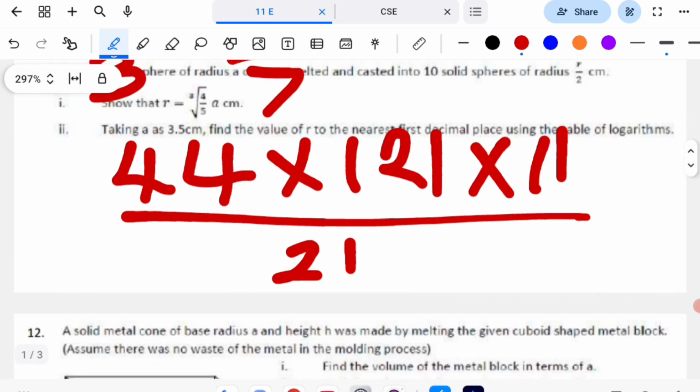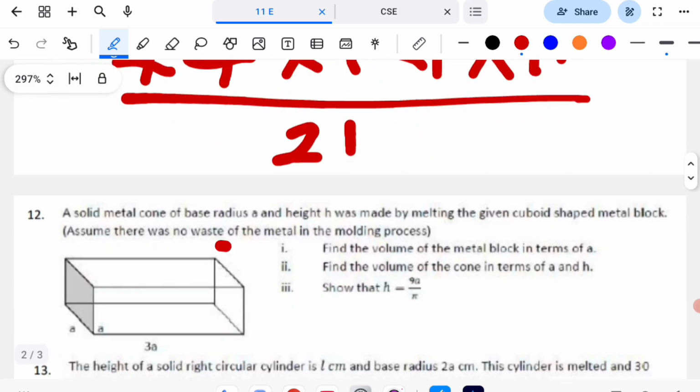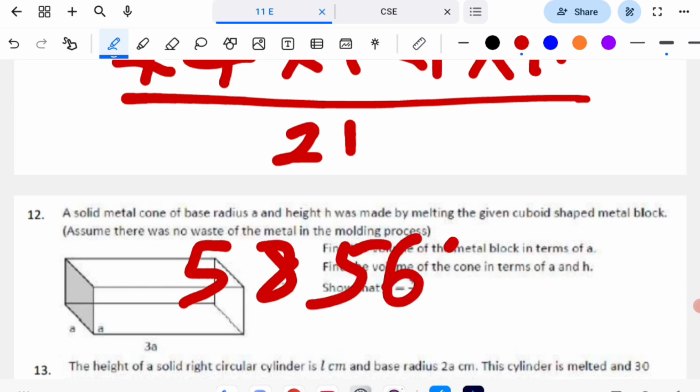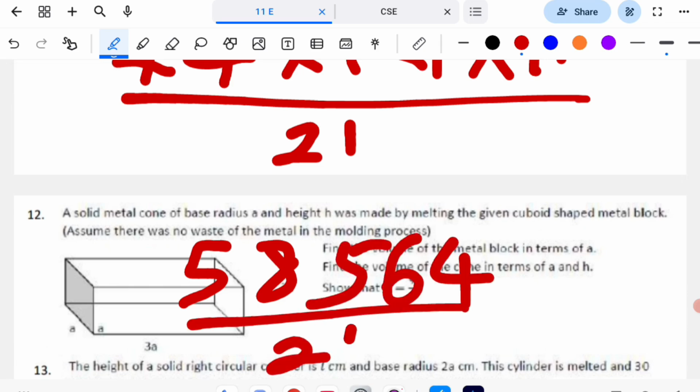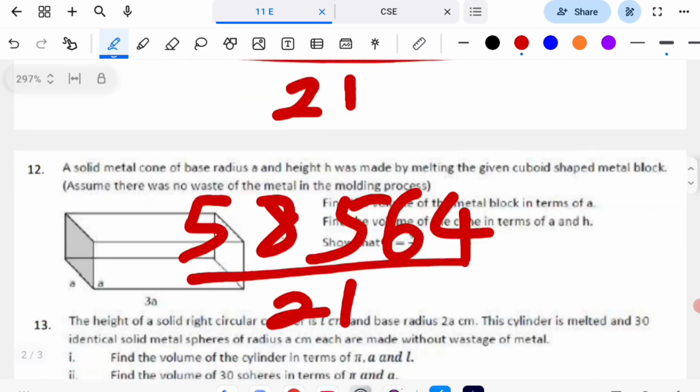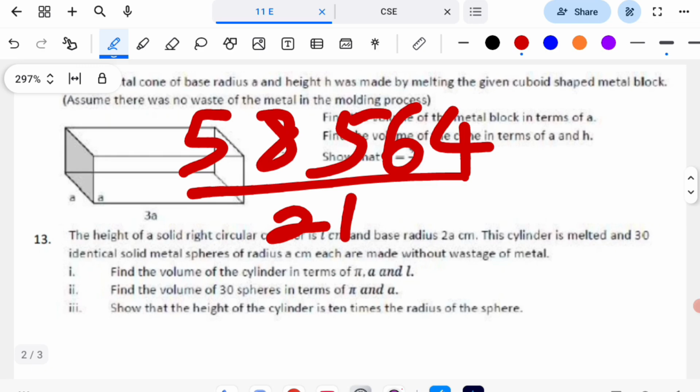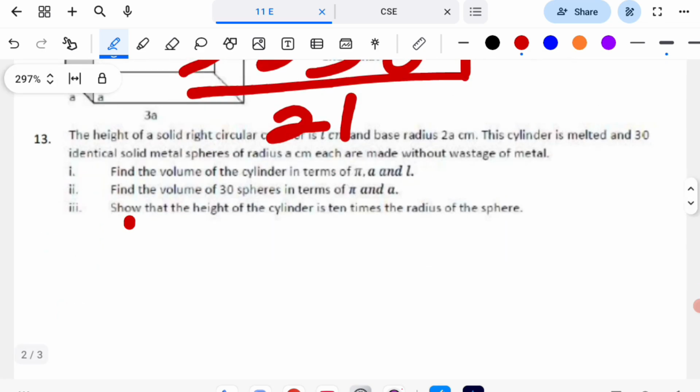We can obtain the answer by multiplying 44 into 121 into 11. It should be 58,564. We have to divide it by 21. After dividing, we can get the answer 2788.7.